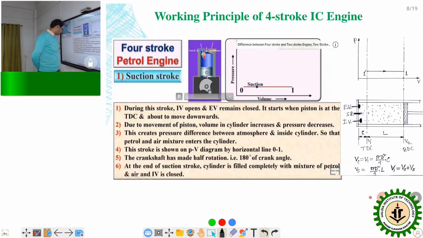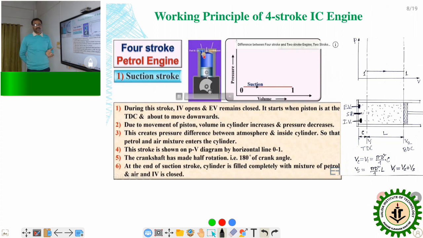First is the suction of the air-petrol mixture, or only air in the case of the CI engine, the compression ignition engine, that is the diesel engine.